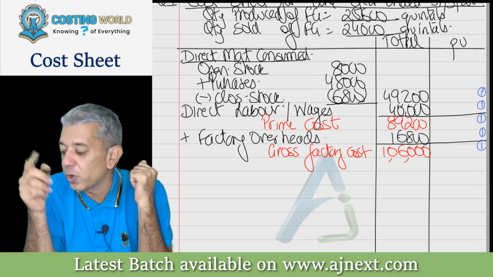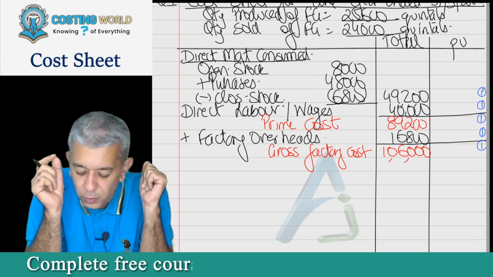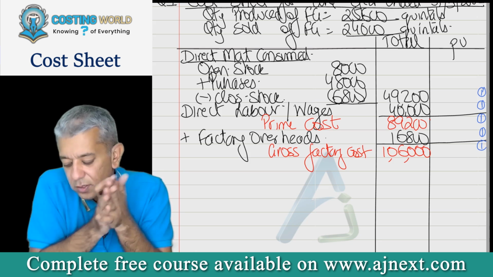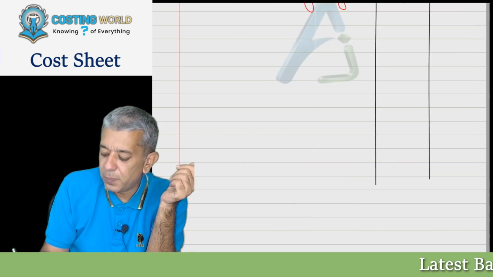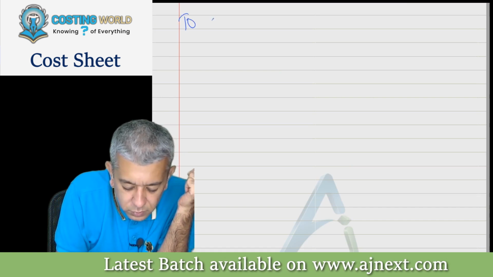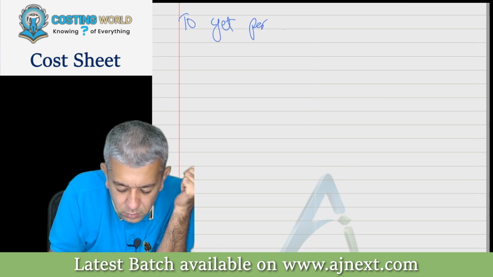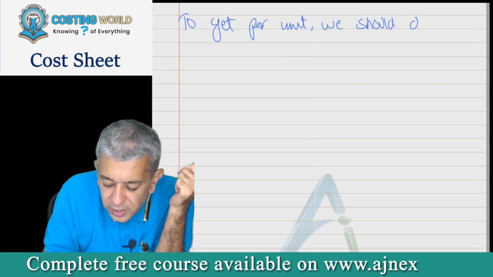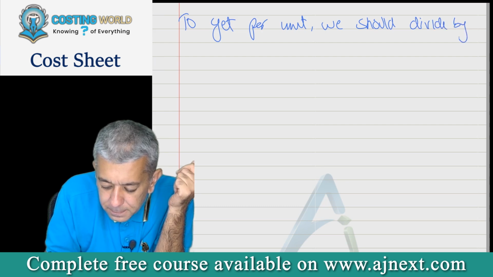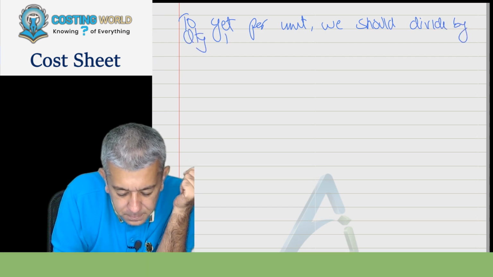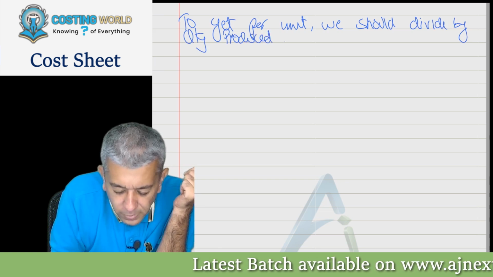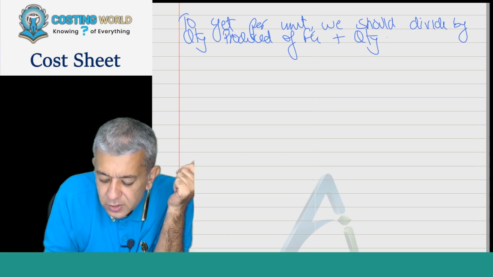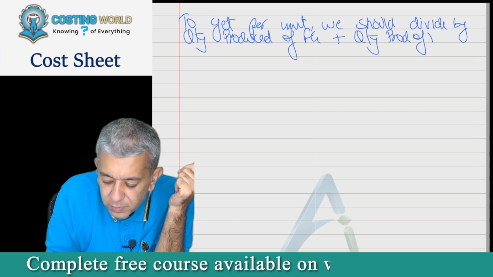And in the terrace of your notebooks, you all write down: to get per unit, we should divide by quantity produced of finished goods plus quantity produced of WIP.